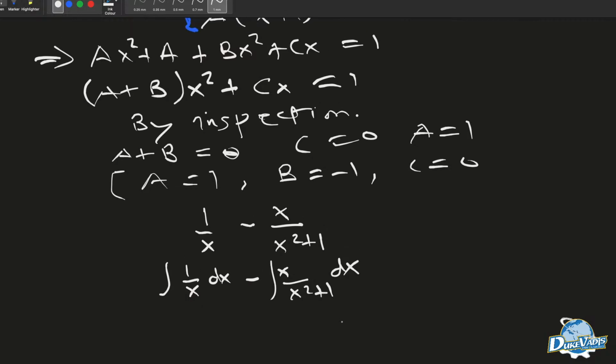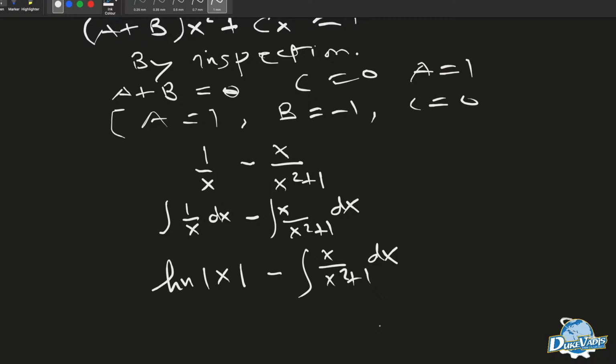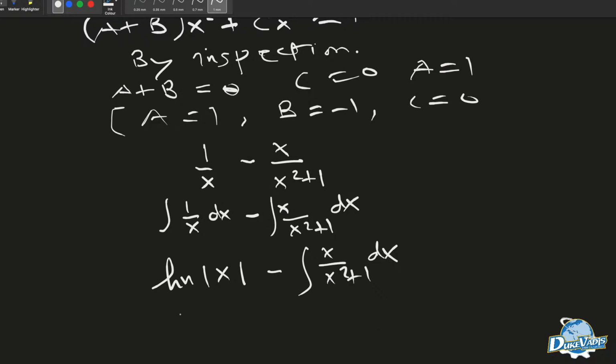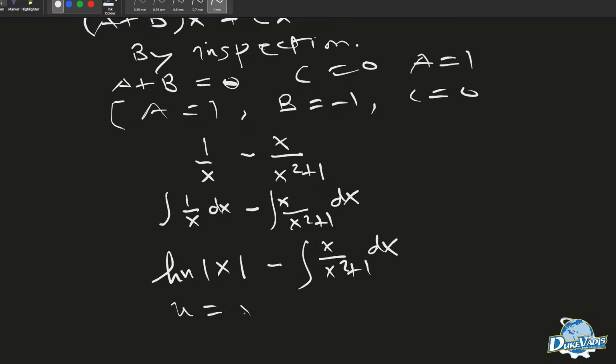Now, if we integrate this, our first one will be the natural log of the absolute value of x. Now, for the integral of x over x squared plus 1 dx, we can use substitution. Let u be equal to x squared plus 1, so du is equal to 2x dx.